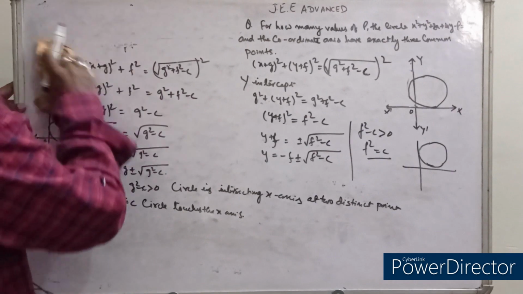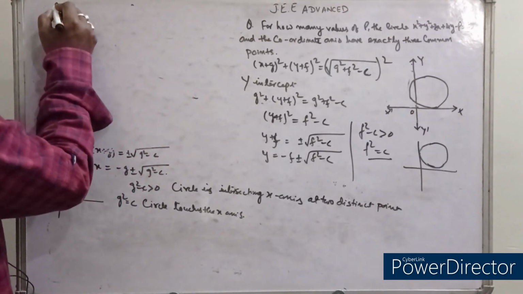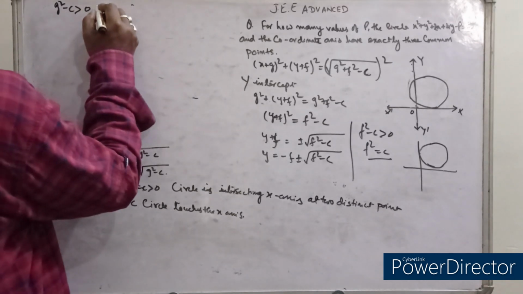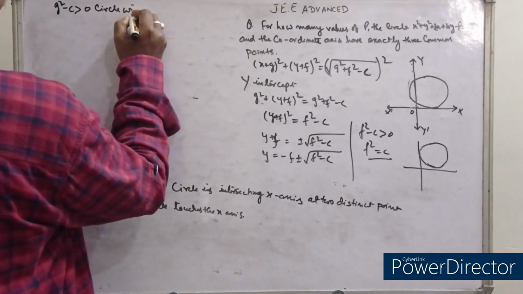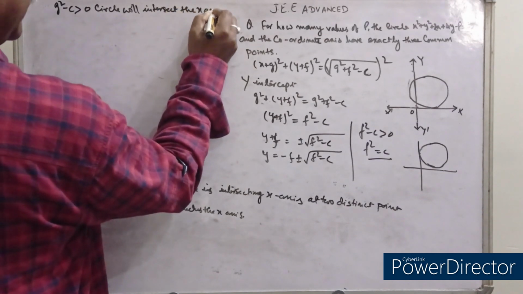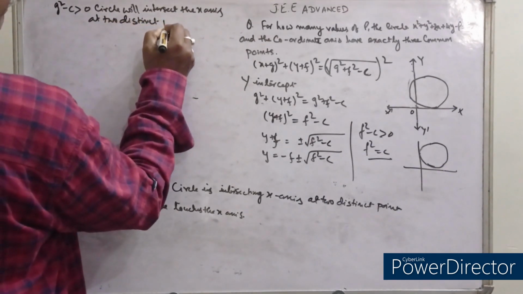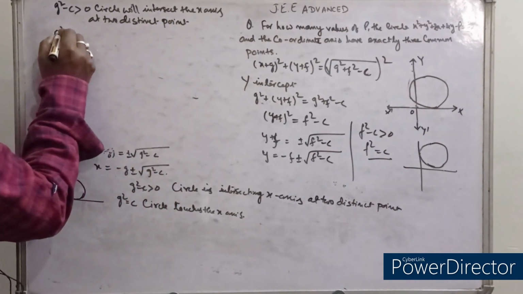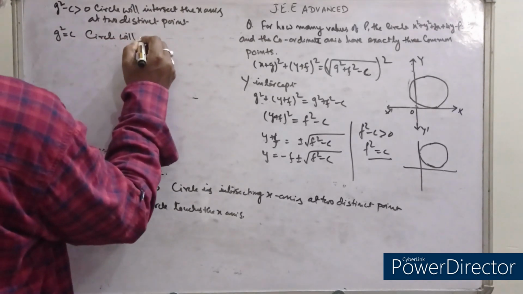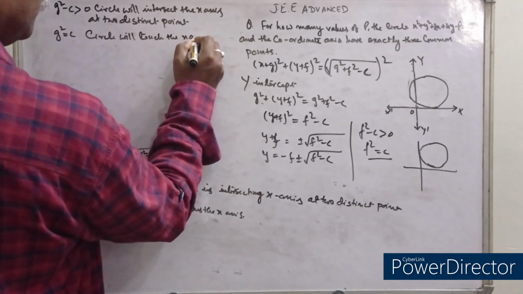First, if g² − c is greater than 0, then your circle will intersect the x-axis at two distinct points, and if your g² is equal to c, that means the circle will touch the x-axis. This is the conclusion you have got.